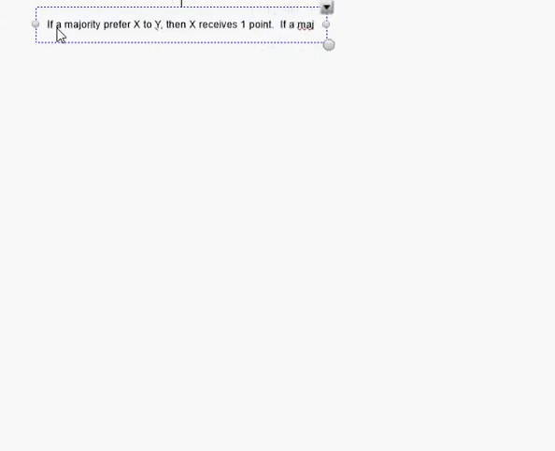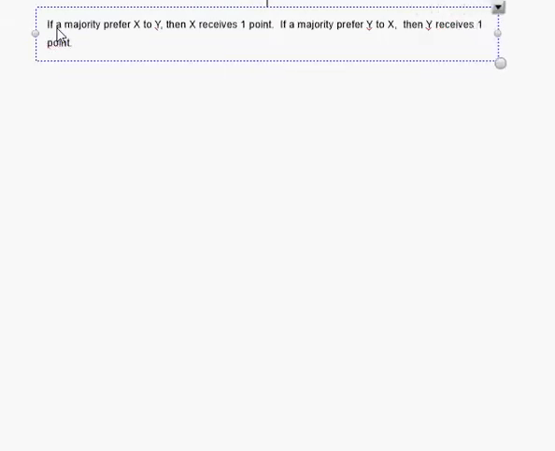If a majority prefer Y to X, then Y receives 1 point. If the candidates tie, then each receives 1/2 point.